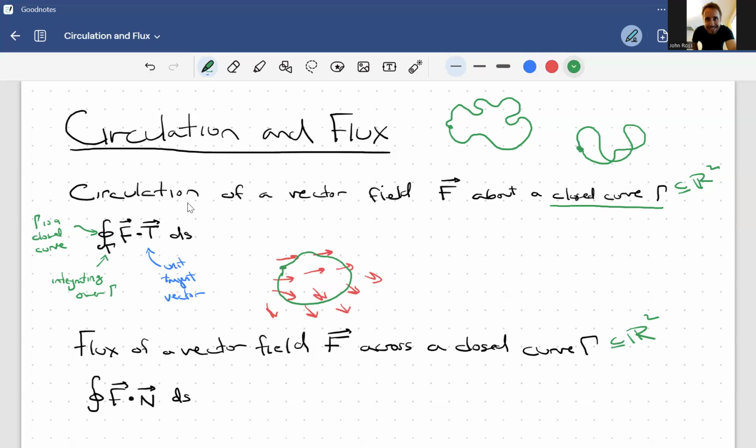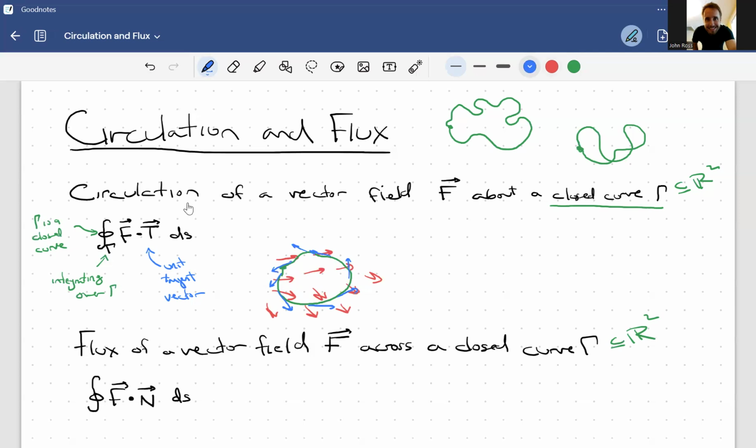We're going to give it an expression x of t, as t ranges from a to b. And then along that, we can compute a velocity vector and a speed, and then we can divide the velocity vector by the speed to get our unit tangent vector. So all of these little blue vectors here are the unit tangent vectors. They are tangent to the curve, and they have unit length.